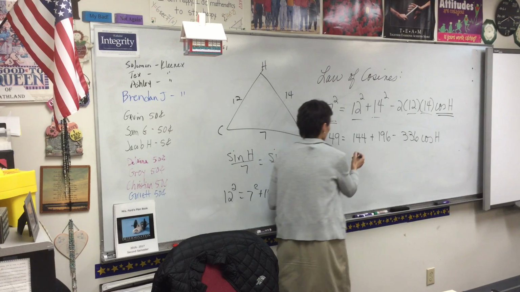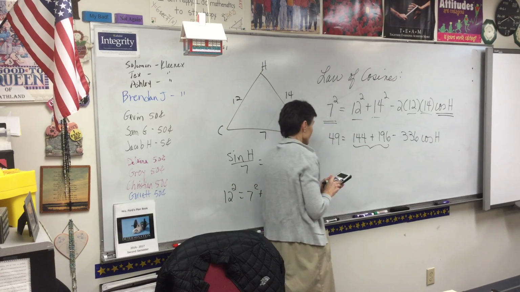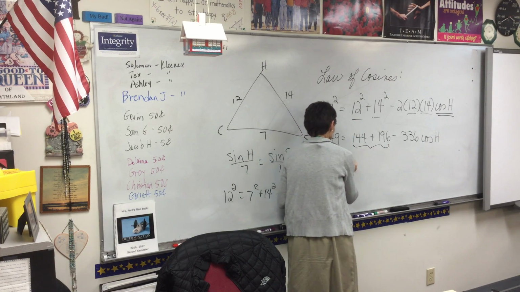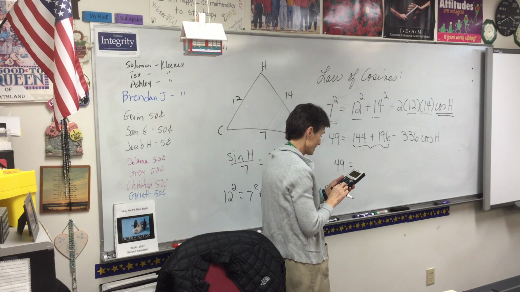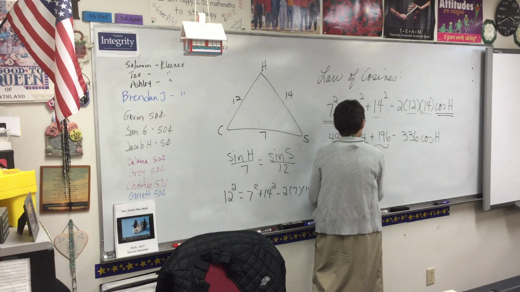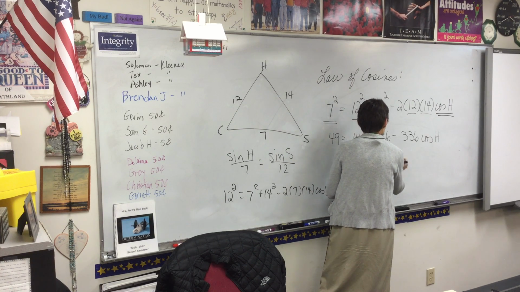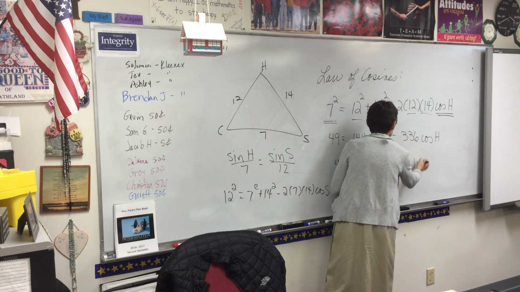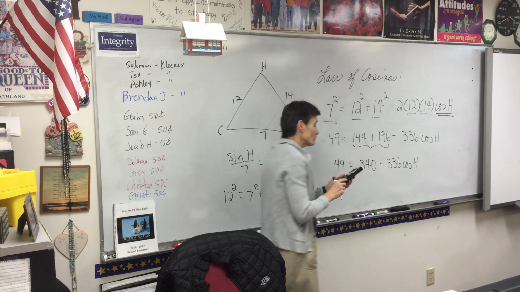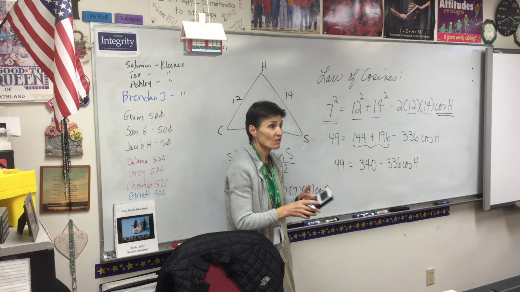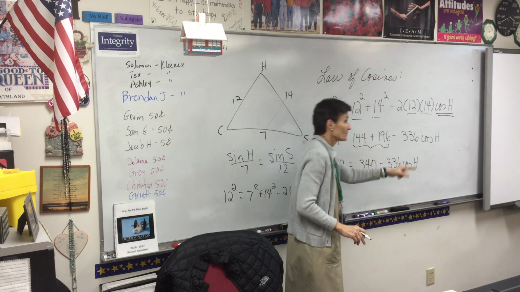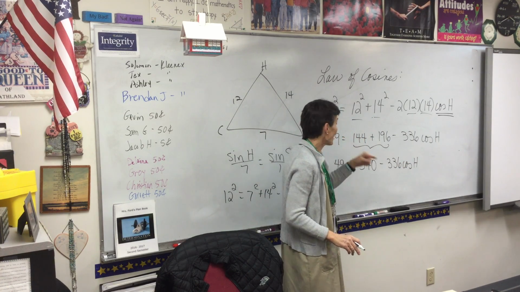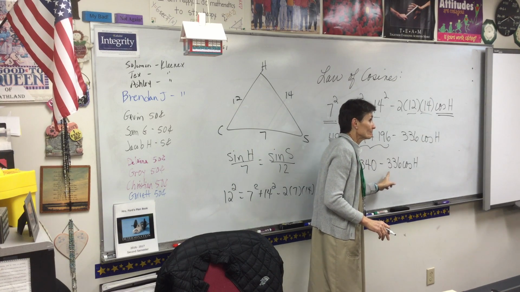Okay, now I'm going to add these two together. So I have 49 equals 144 plus 196. That makes 340 minus 336 cosine S. Now, some of you might be thinking about subtracting these. Why can't we do that?